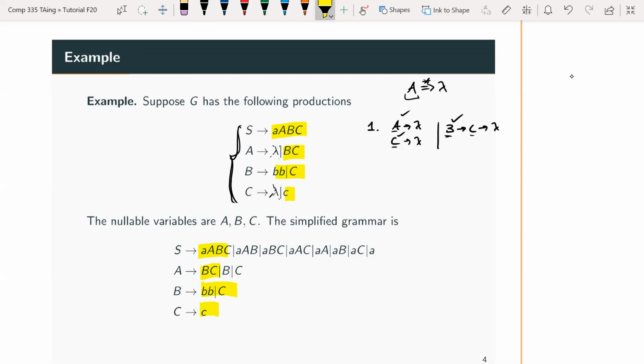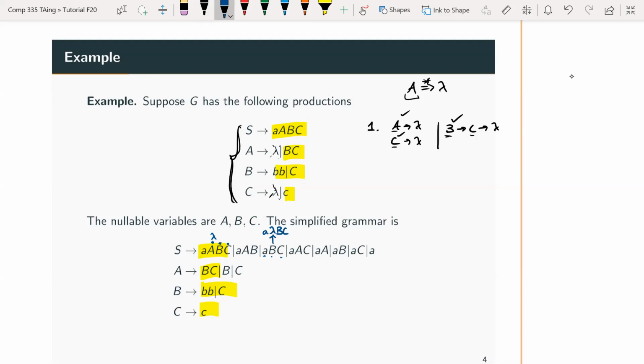And then I'm going to say that for every possible combination of lambdas and variables, I'm going to add that to my production rule. So here I have A, B, C, right? Either I can replace A with lambda, so I'm going to get, just think of this as A, lambda, B, C, okay?